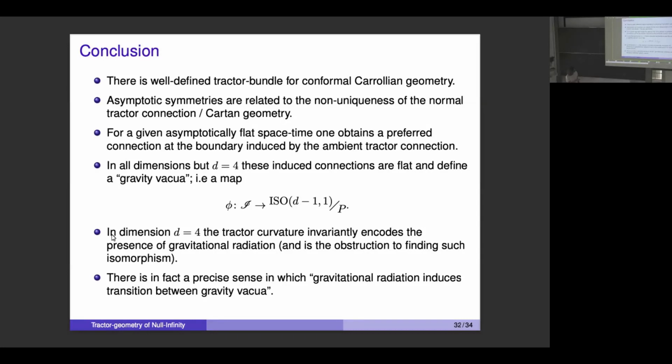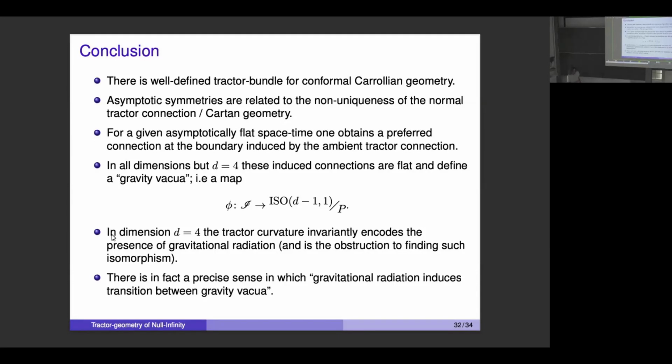But in dimension 4, there is something more interesting happening, which is that this boundary tractor curvature actually invariantly encodes the presence of gravitational radiation. And by this Cartan result, it means that gravitational radiation, in this very precise sense, is the obstruction to finding such an isomorphism.